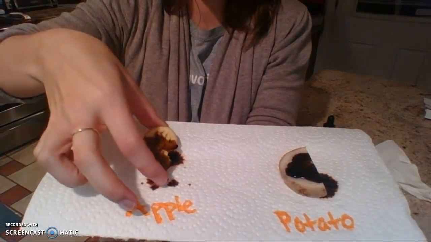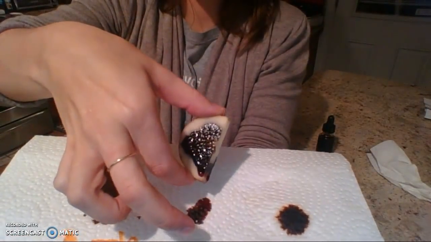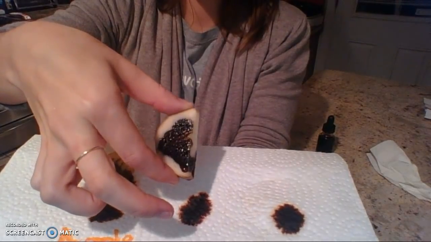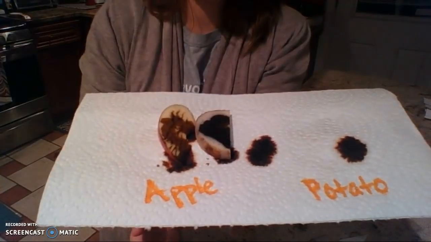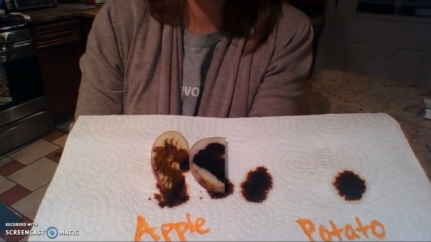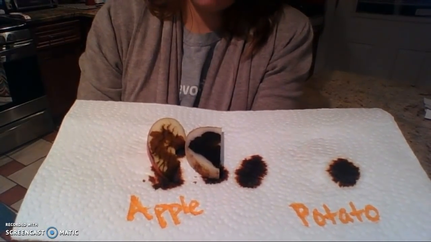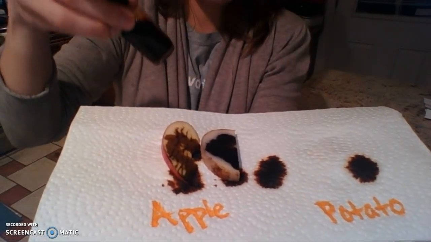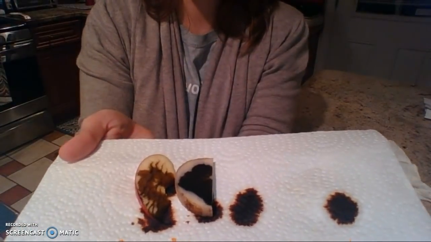Okay, that's what that one looks like. The potato, however, looks like this. So side by side, you can see they are not the same color. One of them shares the color of the iodine before, sort of the same color it is when it's in the container, and one of them changed colors.